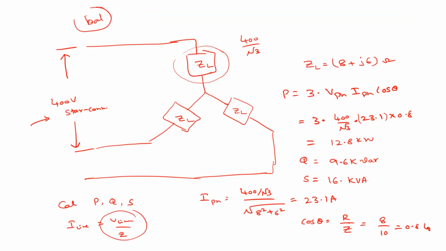In case of balanced supply, all the magnitudes are the same: V phase, R phase, Y phase, B phase, all are the same. In case of unbalanced, there will be some deviation, which we will discuss in later classes. Right now we are dealing with balanced supply and balanced loads. So the load is balanced and the supply is also balanced.